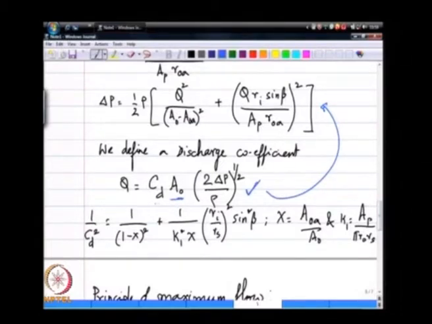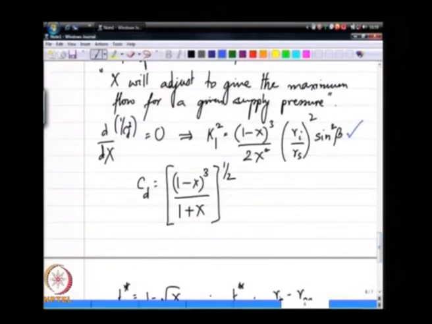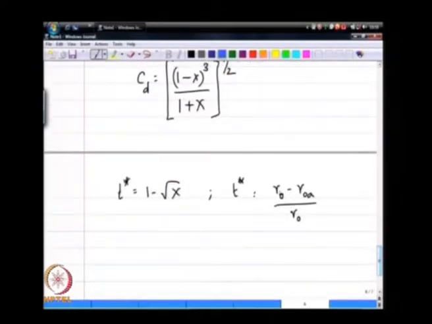That is the basic definition of what a discharge coefficient is. Once I know a value for C d, I can come back here and get a value for x.